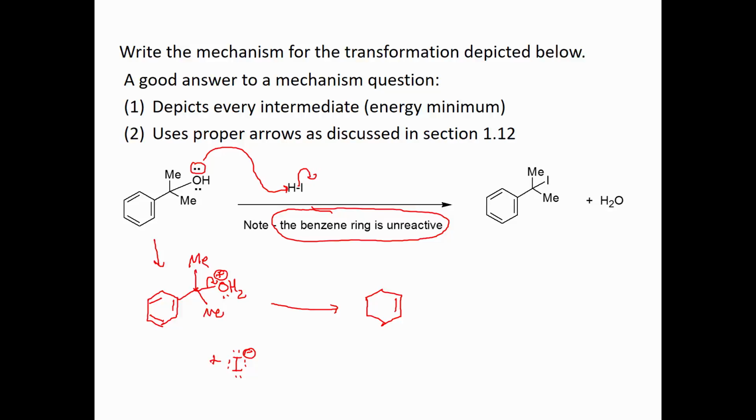And this should be a pretty good carbocation. It's tertiary. Okay. And it makes water. This actually has some other stabilization from the benzene ring, but don't worry about that for now.